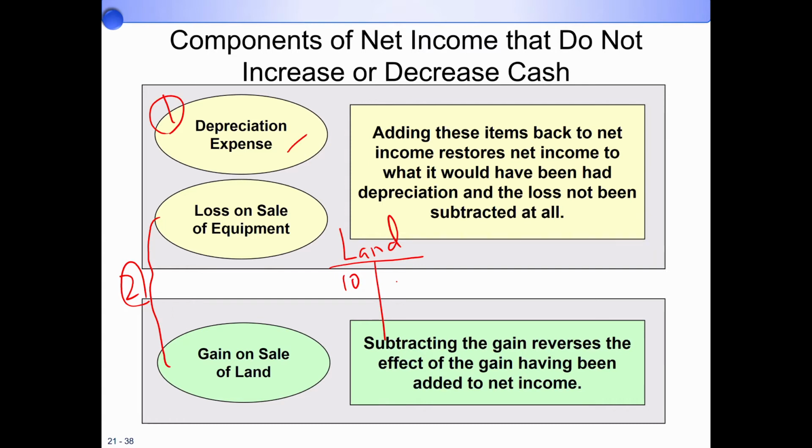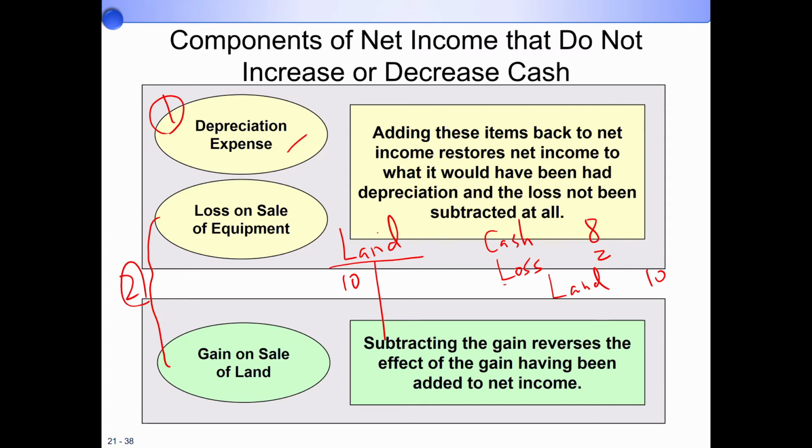So what's the journal entry? We debit cash for 8 million, we credit land for 10 million because we sold it, and then we recognize the loss of 2 million, the difference. Everyone's okay with that, right? That's the loss on sales of long-term assets.